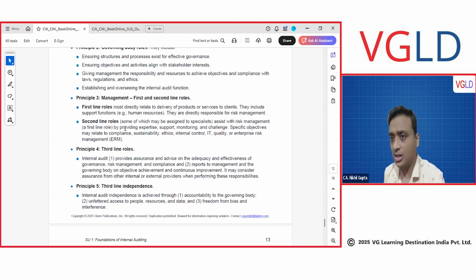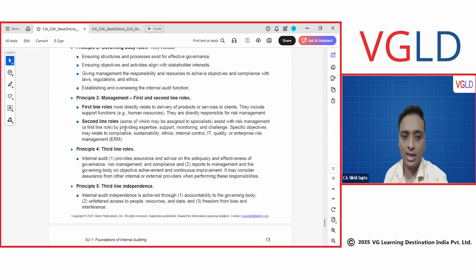So as internal auditors, as the third line of defense, we have to regularly communicate with the second line on the processes where they have identified risk and want us to test those controls, and also regularly with the first line as well. The third line of defense, internal audit, provides assurance and advice on the adequacy and effectiveness of governance, risk management, and compliance.